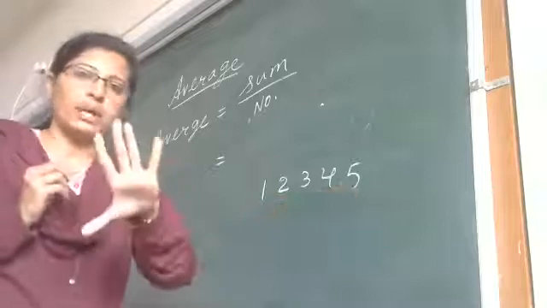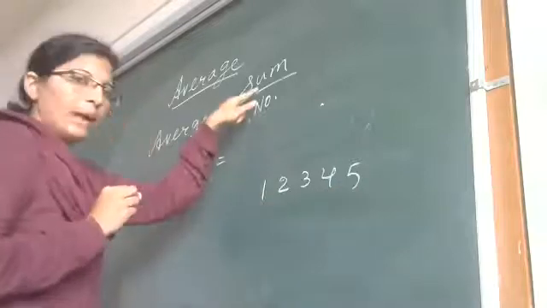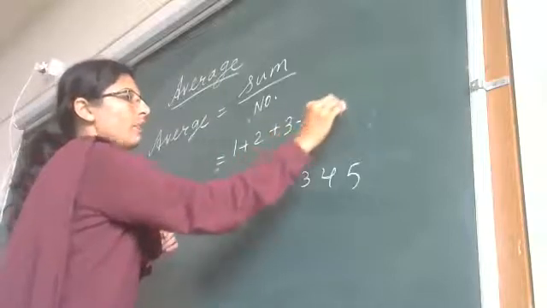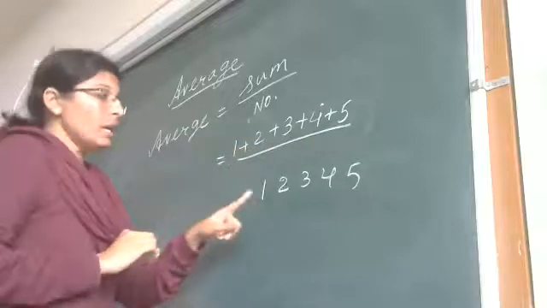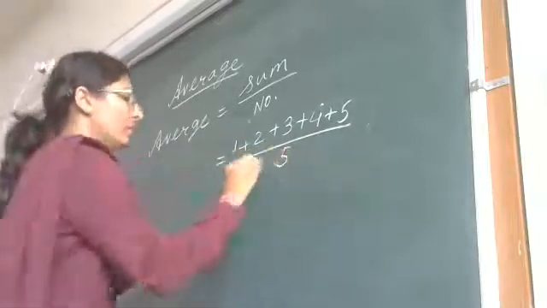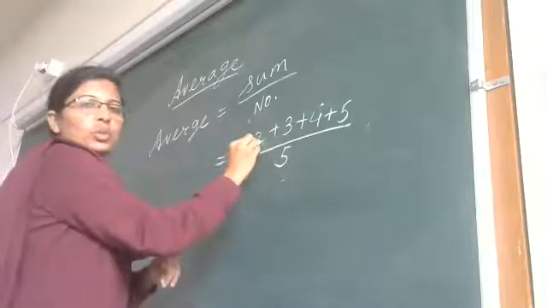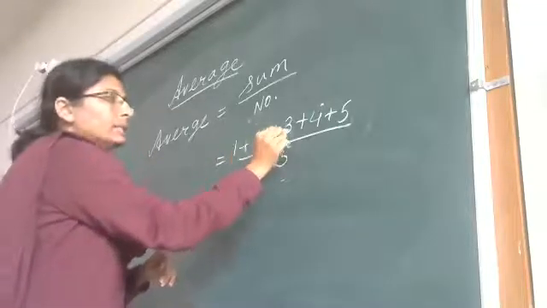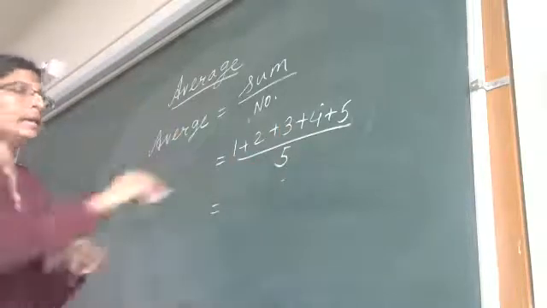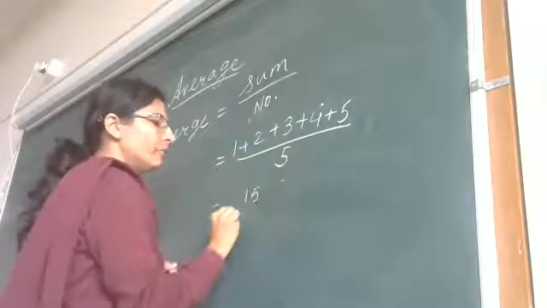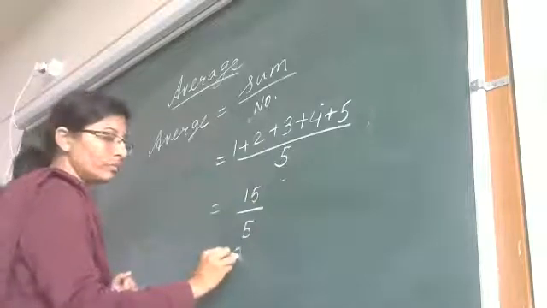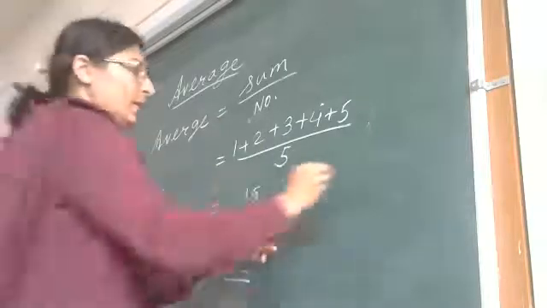Now, these are 5 natural numbers, so we have to find the sum: 1 plus 2 plus 3 plus 4 plus 5, divided by 5. 1 plus 2, 3, 3 plus 3, 6, plus 4, 10, 10 plus 5, 15. 15 divided by 5 is 3.